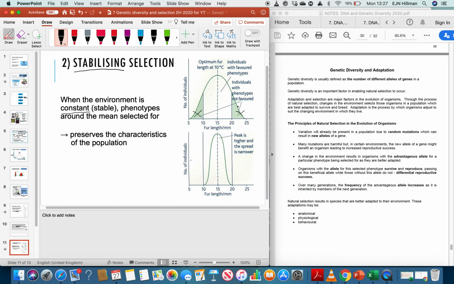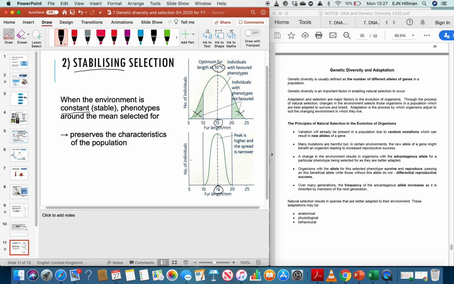Okay, so using that same example we looked at earlier on, if the optimum fur length for 10 degrees Celsius is 15 millimeters, if the temperature is constant in that environment, it would be advantageous for those individuals with the alleles for that mean phenotype to survive.